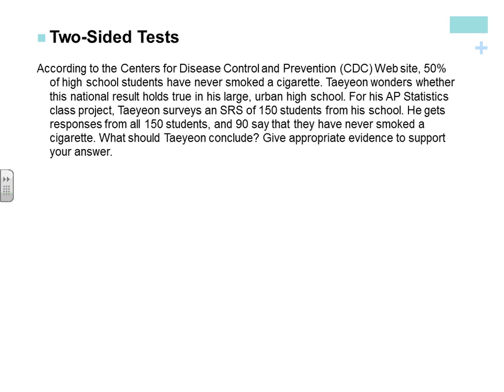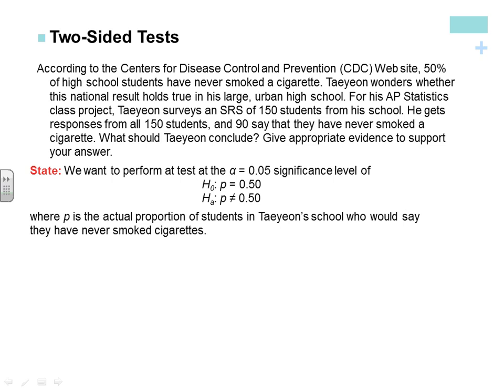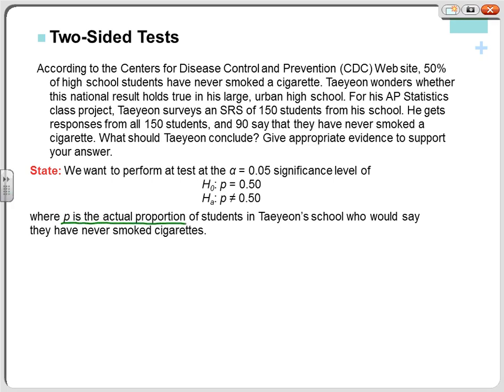All right, so let's set up our hypothesis test, define our variables, and say what test we're going to use. So here, we're going to have that P, which P represents the actual or the population proportion of students in his school who have never smoked the cigarette. So we're saying that P is equal to the 0.5.